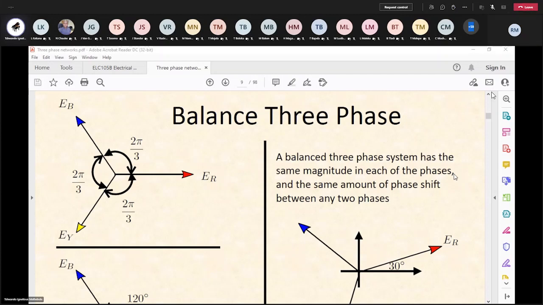But the most common usage is the delta. So most of the time we will use delta. That's the common usage of this connection.